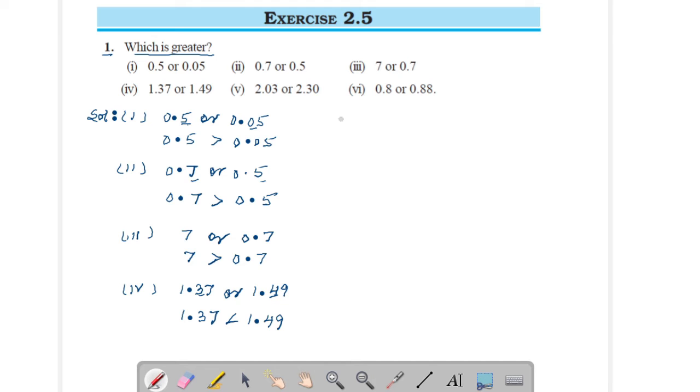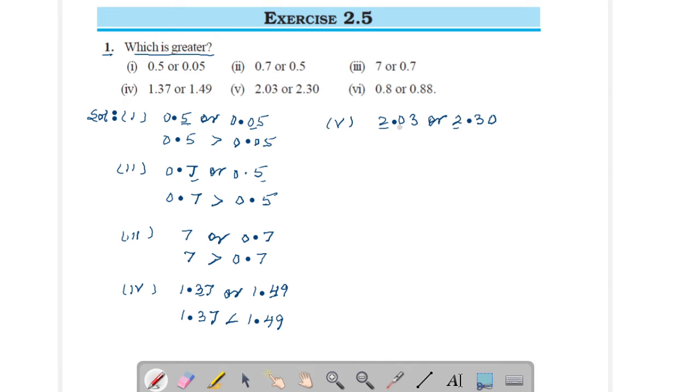Now come to fifth part. It is 2.03 or 2.30. Here compare with ones place, that is here it is 2, here also 2, both are same.